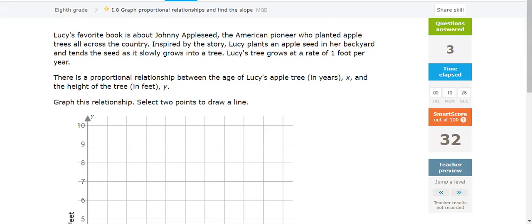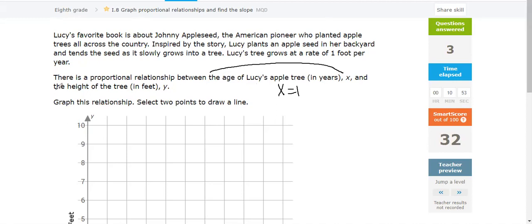Based on this definition, it says the age of Lucy's apple tree is X, and it says per year. So per year, that's going to be the age, right? So X is going to be 1.